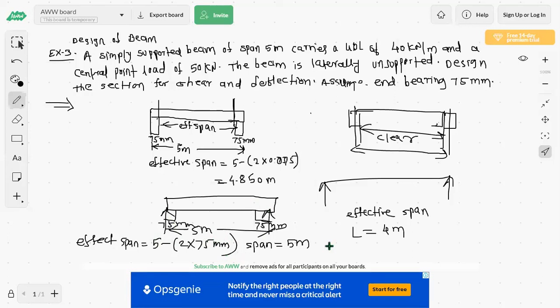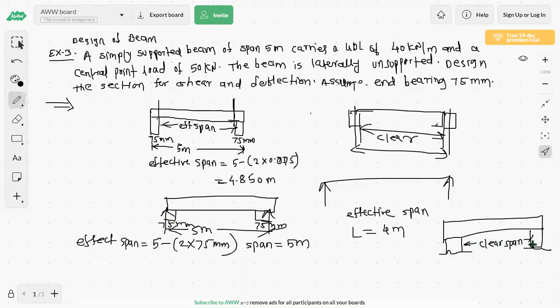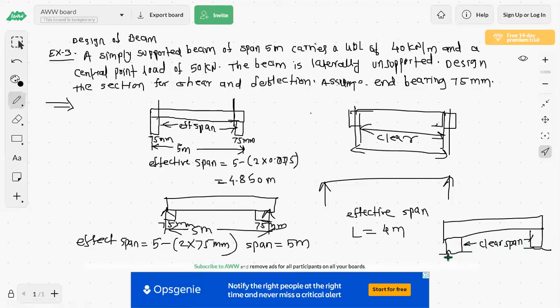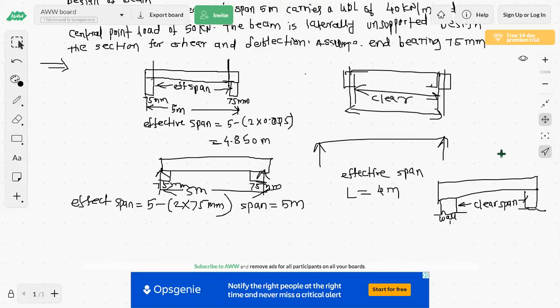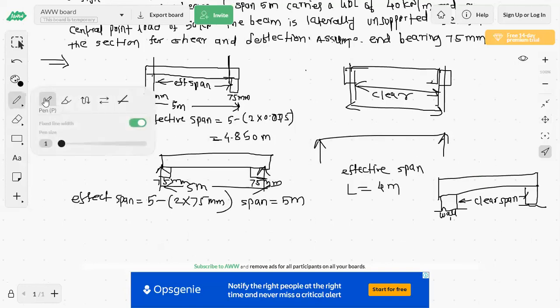And now one more condition. This is your clear span. Clear span means inside the supports, and the wall thickness is given in the examination.